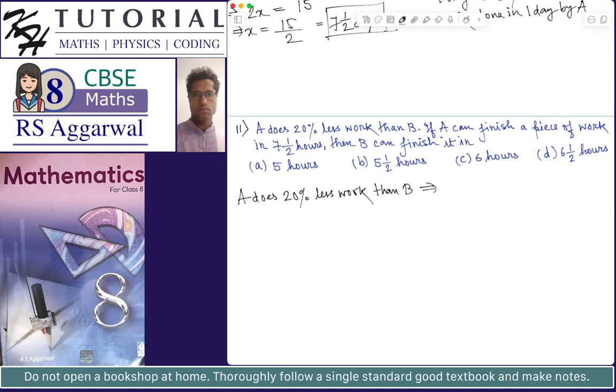This implies that the work done by A in one day is 20% less than the work done in one day by B. So A is doing 20% less work than B means that in one day the amount of work done by A is 20% less than the amount of work done by B in one day.